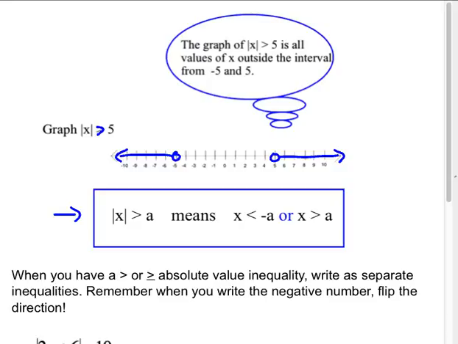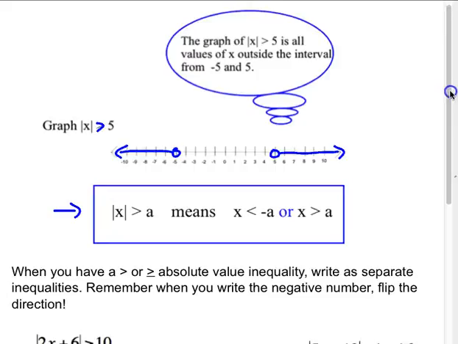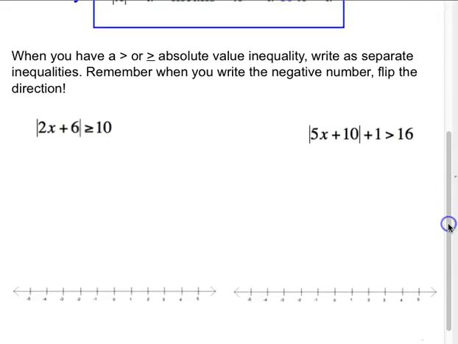Now, a nice way to remember this is when you're writing these, you have to write them as two separate inequalities. But I want you to recall, so here we're going to have our negative and our positive, just like before.